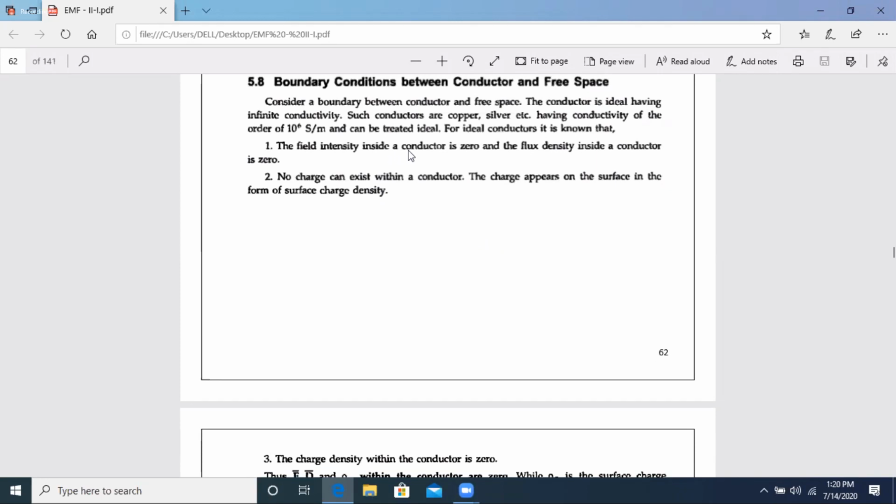The field intensity inside the conductor is 0, and the flux inside a conductor is 0. Meaning, if you don't have any resistance in the conductor, no field.